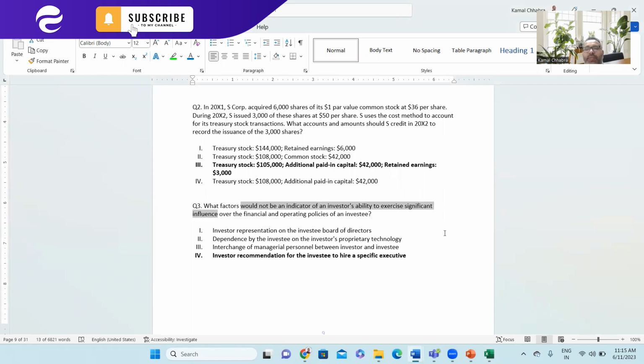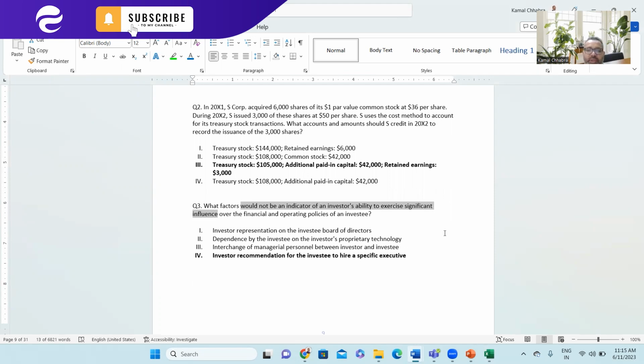That means my CFO can be your CFO, your CEO can be my CEO. That means we have influence over each other. Last one is investor recommendation for the investee to hire a specific executive. It is just a recommendation, right? It does not show influence.